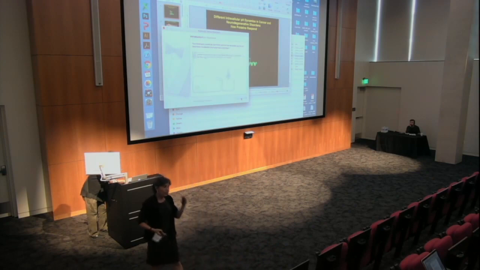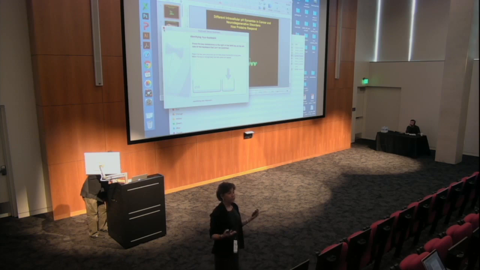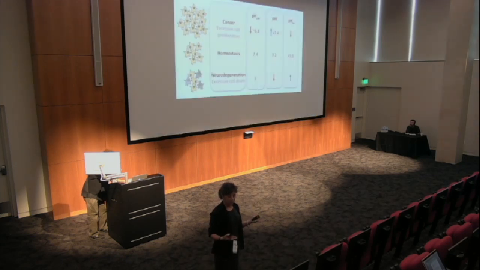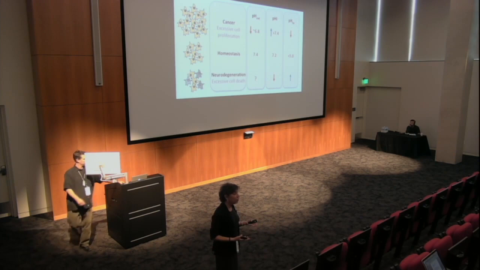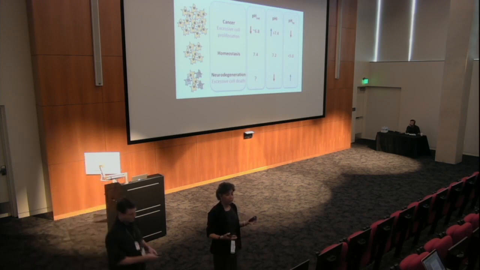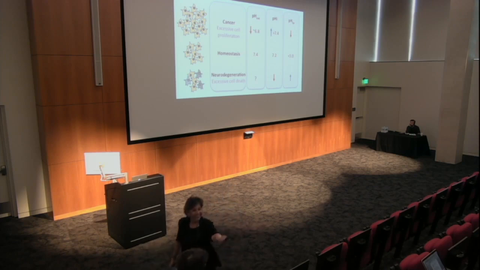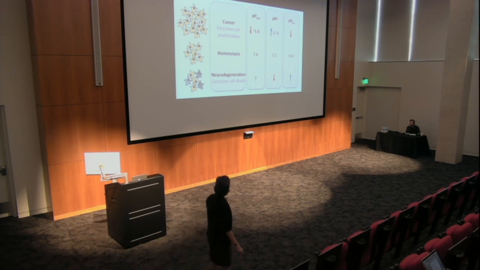When the lysosomal pH is increased, the activity of these cathepsins is markedly decreased. Protein degradation is markedly decreased, and that's what we believe is a major contributor to neurodegeneration.